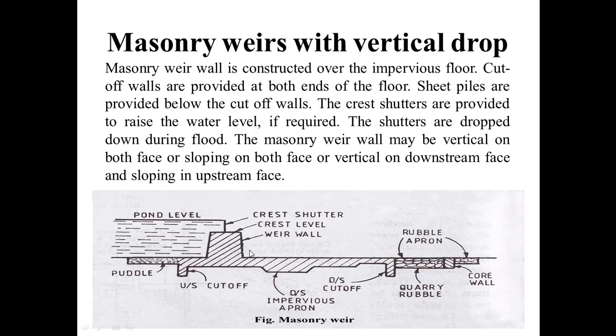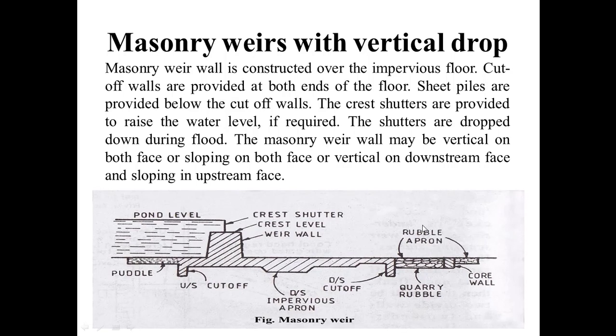So these are the different configurations in which a vertical masonry wall may be constructed, and the rest of the structure is the same. On the upstream side there is a structure constructed of stones or pebbles, so that silt is stuck in these gaps and clear water enters our canals.